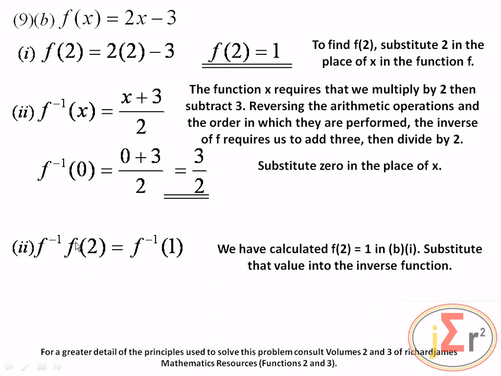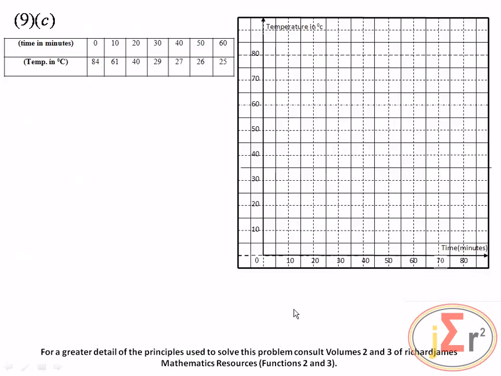So, since f of 2 is equal to 1, where we see f of 2, we put 1. So we are actually finding f inverse of 1, in which case we are substituting 1 into the function f inverse that we have determined right there. So 1 plus 3 divided by 2, and that is equal to 2. 1 plus 3 is 4, divided by 2, that is equal to 2.